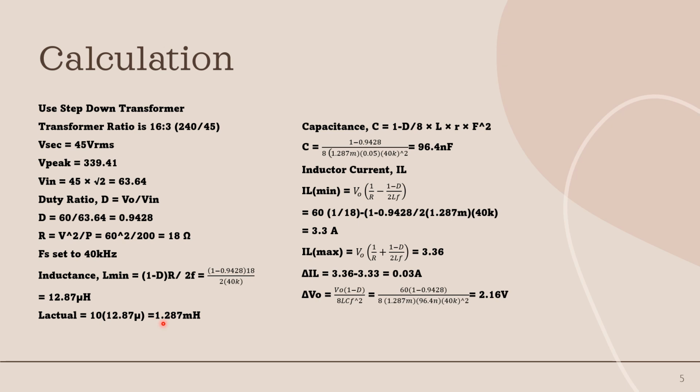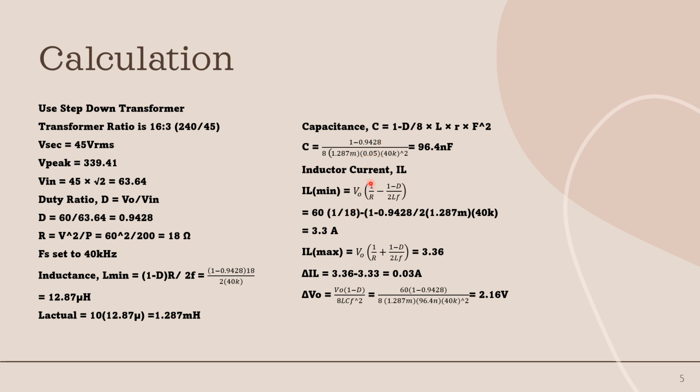So the actual inductance is going to be 1.287 millihenry. For the capacitor, we use the formula (1 minus D) over 8 L R F squared. So we will get 96.4 nanofarad of capacitance.